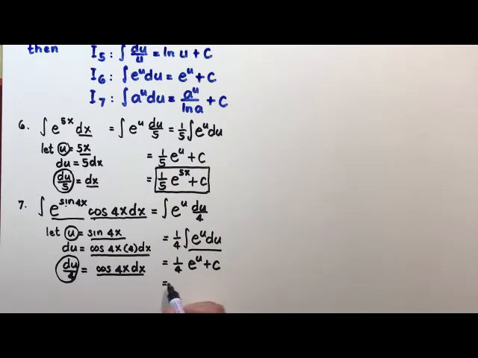And then when we go back to our original function, which is in terms of x, our u is just equal to sine 4x. So 1/4 times e to the power sine 4x plus c is our beautiful answer for our example number 7.